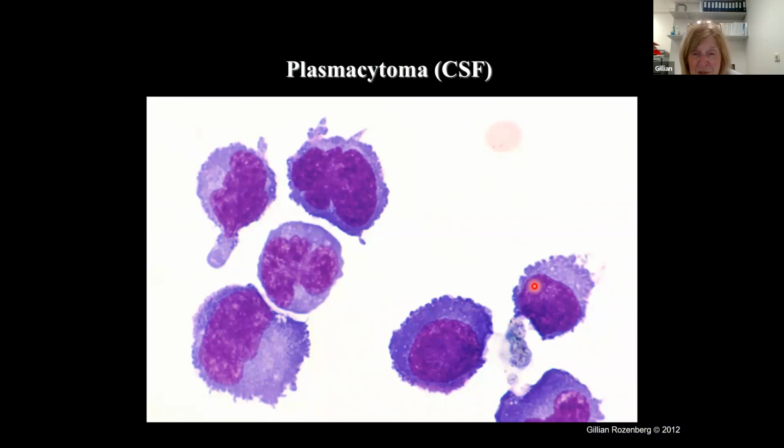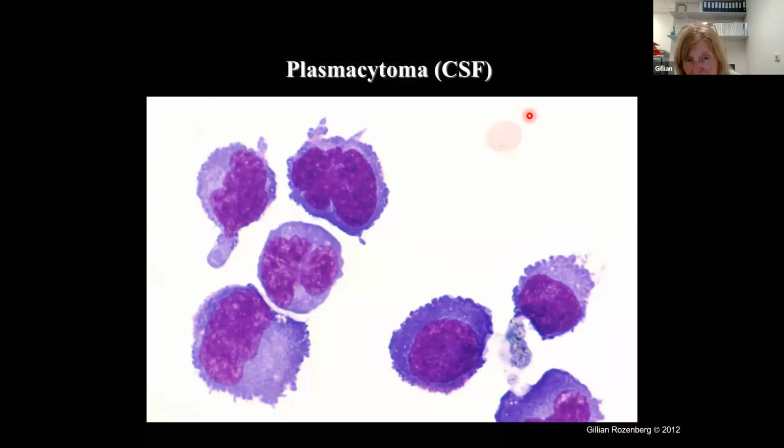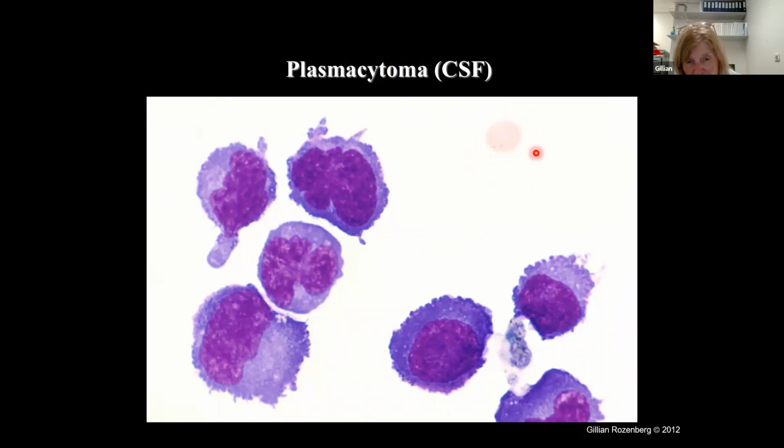Now, occasionally I put some interesting slides in for you, not to confuse you, but this was a CSF on a patient who had a plasmacytoma. It was a very well collected CSF because there's only one red cell there, okay? And looking at these without knowing anything about the patient, you'd be a bit confused as to what was going on.